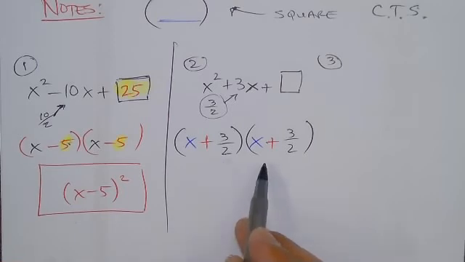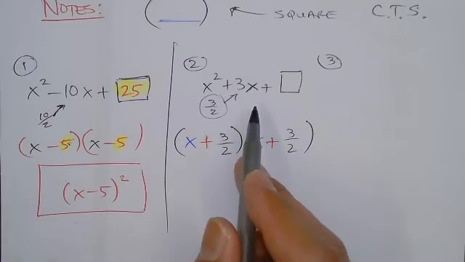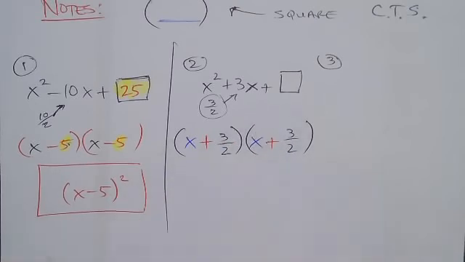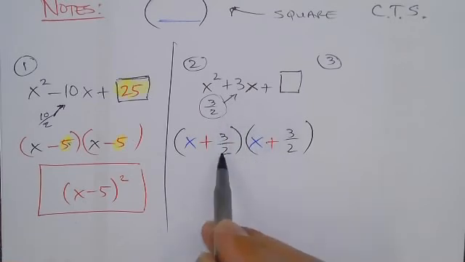Isn't it true that if I get half of 3 and I add it to the other half of 3, I get the whole 3? Right? Like if you have $3, and you split it into 2 halves, when I bring those 2 halves together, I get the whole 3 again.